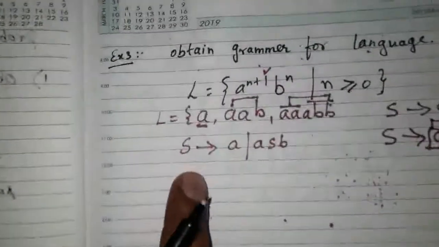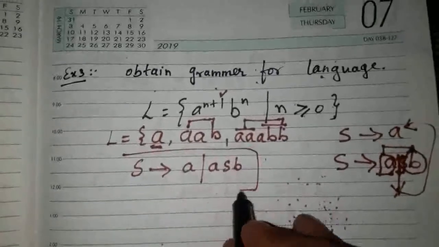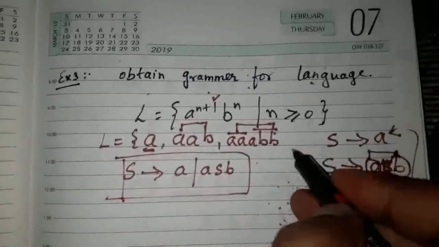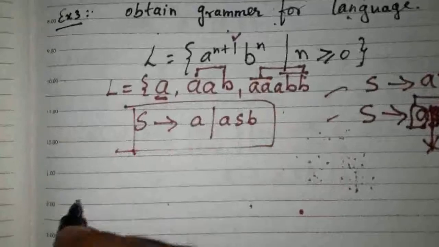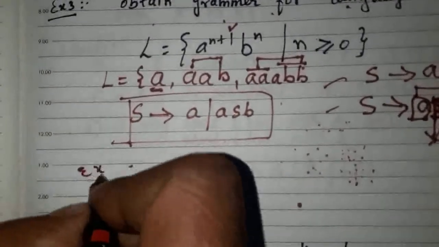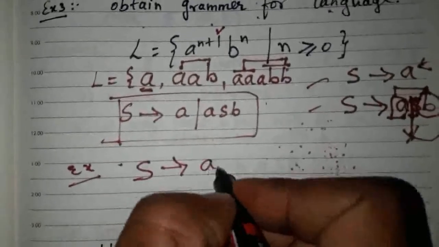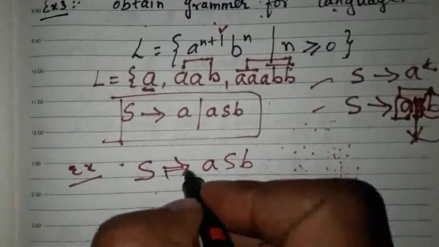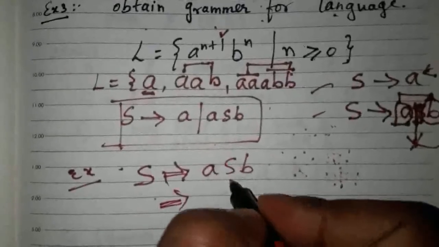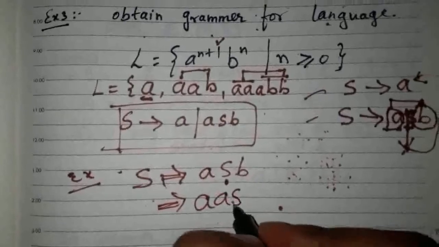So see here, the grammar is a combination of these two productions. Let us write a derivation and see. For example, to get the derivation, I have S → aSb. Next, this S I will replace with aSb again.